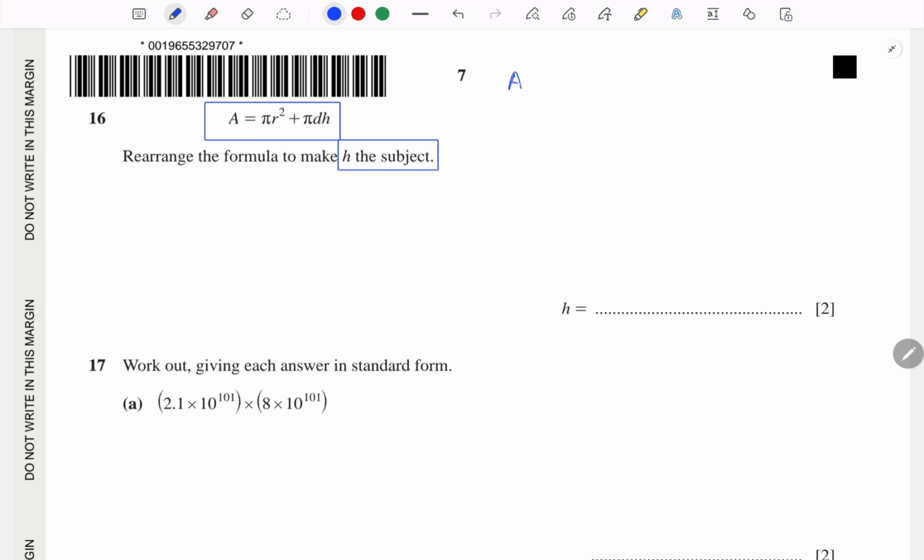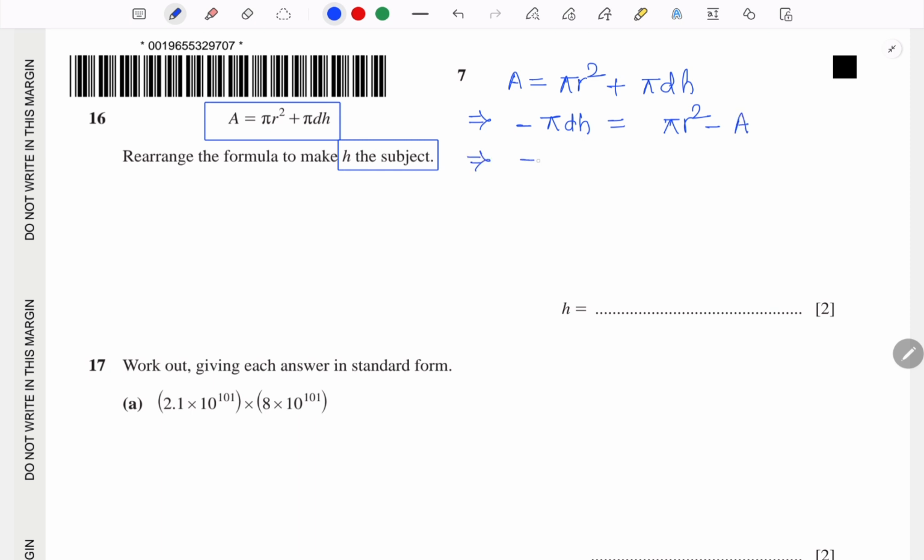We have been given A is equal to pi r squared plus pi dh, right? To make h the subject, we need to keep h at the left side. So what I will do, just take this pi dh and bring it to the left side. This will leave me with pi r squared minus A. Okay.